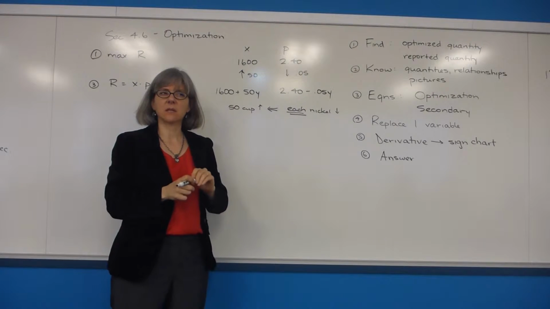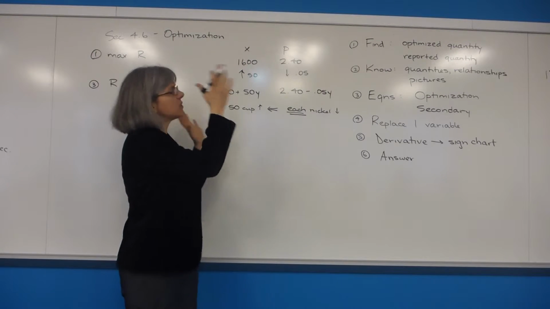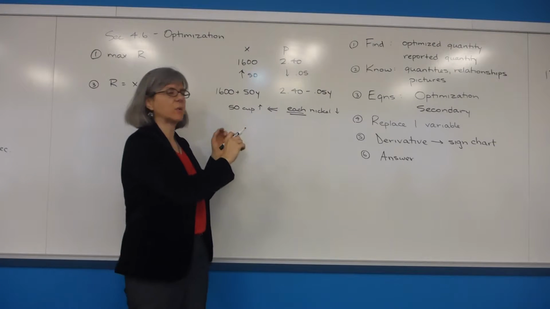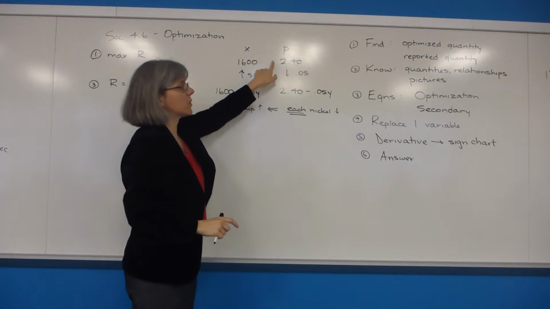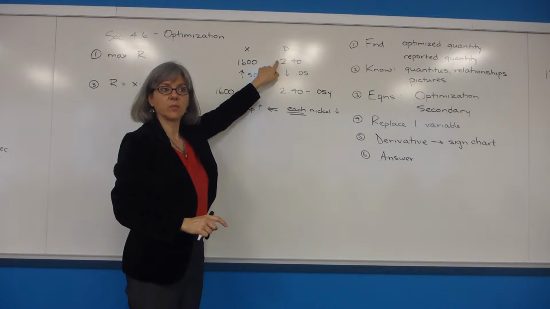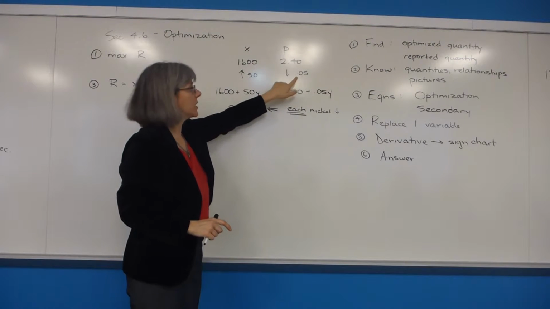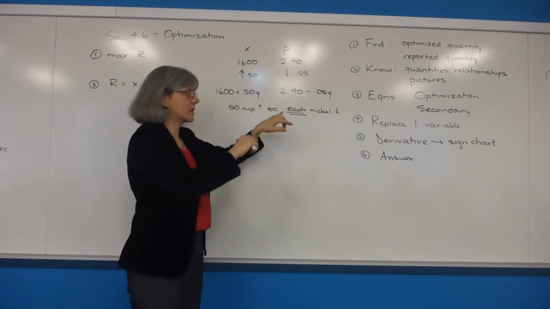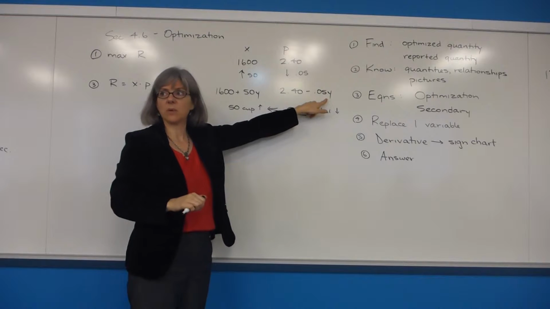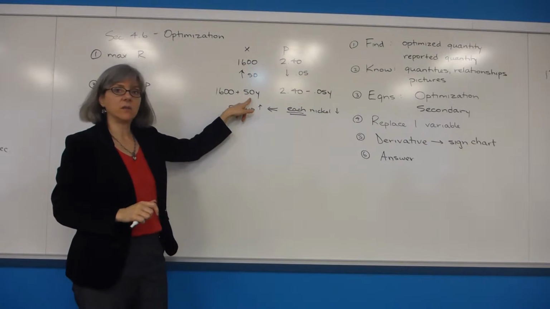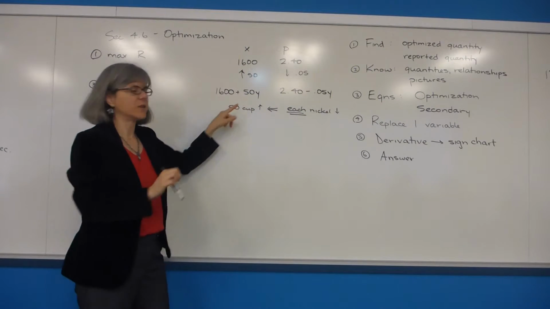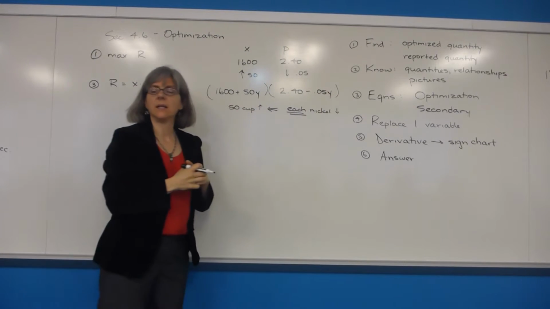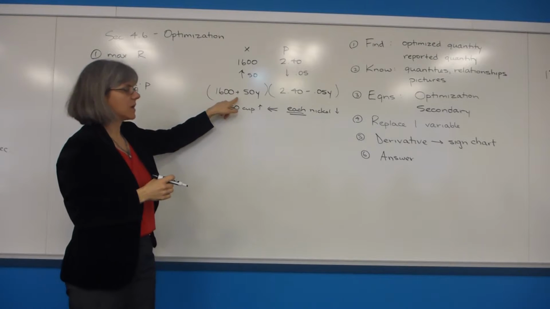Does that make sense? Once you figure out how this pattern goes, it's a little more obvious. The idea is I know currently what I'm selling and for what price, so I know the revenue. But if I decrease the price by a nickel, for each nickel, I'm going to increase demand by 50. So now what do I have?